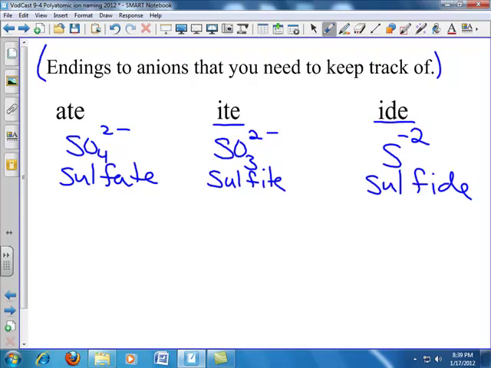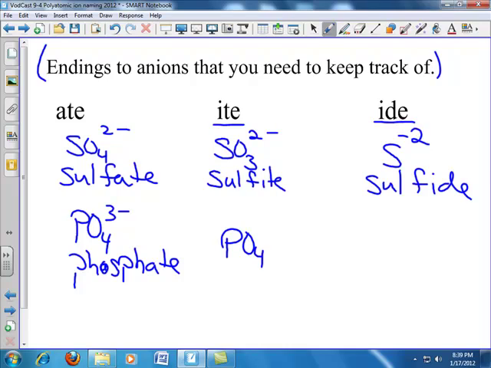So these naming systems are going to tell you a lot, and you've got to become familiar with them. Just to give you another quick example, if I have PO4 3 minus, that's phosphate. If I have PO3 3 minus, that's phosphite.